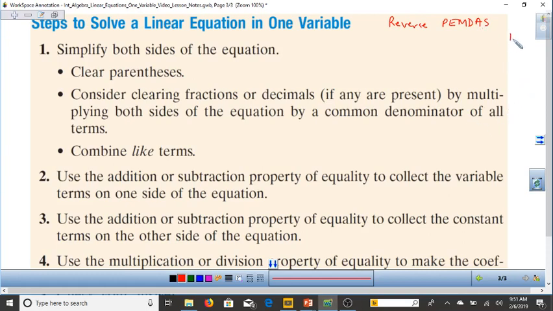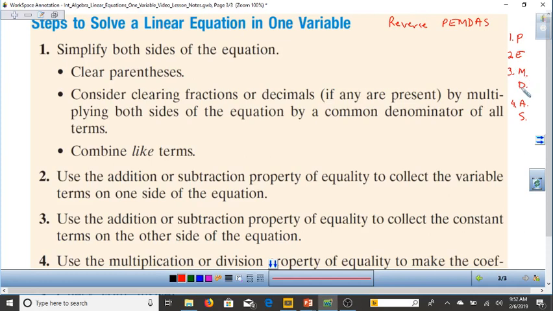In the case of PEMDAS, the strongest operation is parenthetical terms, represented by the P, then exponents, represented by the E, then multiplication and division are both the same level of strength, and then fourth, addition and subtraction are the same level of strength. So what you would do is get rid of the weakest link first, which would be addition and subtraction, by doing the opposite operation.